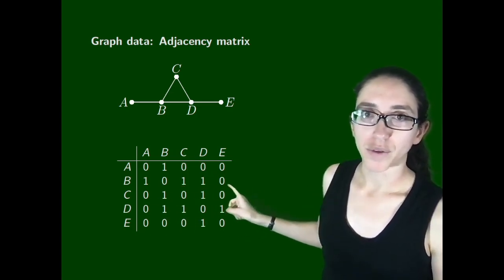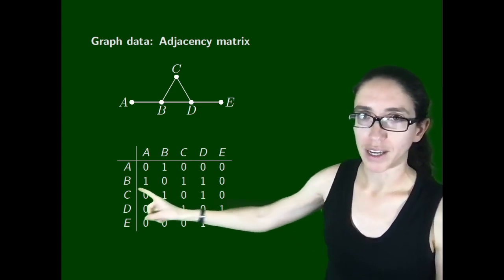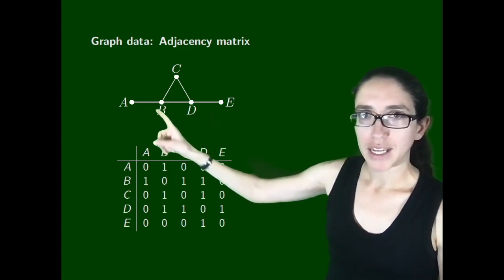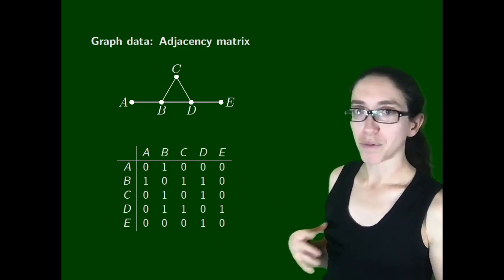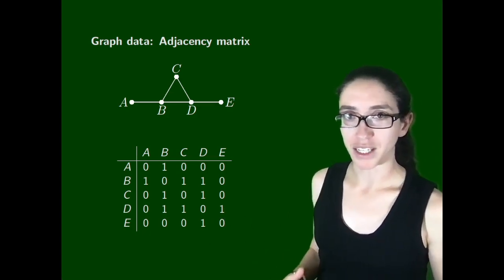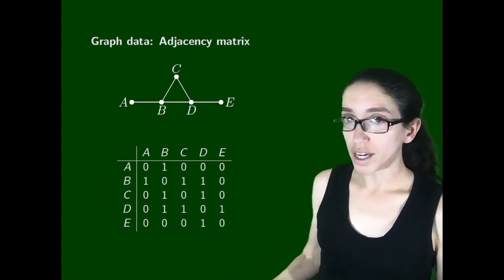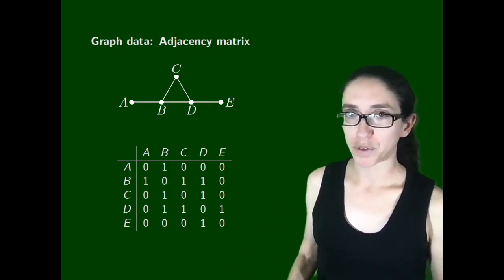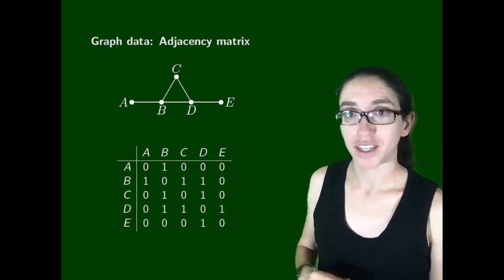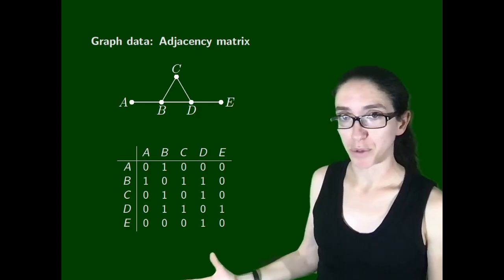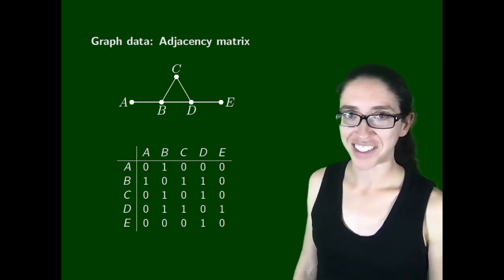But we have a 0 in this position because row B and column E indicate that B and E are not adjacent. And we'll see later in the course that multiplying the adjacency matrix by itself can help us count walks in the graph, which is a very powerful tool and is why we like to encapsulate this data in a matrix, because then we can use the tools of linear algebra to tell us more about combinatorics.